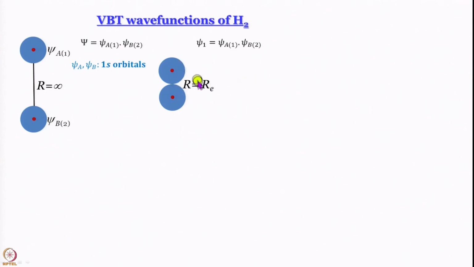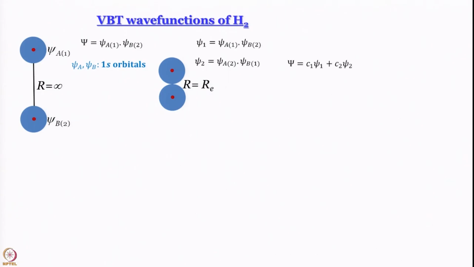The other possibility is that electron number 2 might reside in the 1s orbital of atom B, electron number 1 might reside in the 1s orbital of atom A. Okay. So, that is the second possibility, and that would be the second term, psi 2, that would contribute to the wave function, psi A2 psi B1.